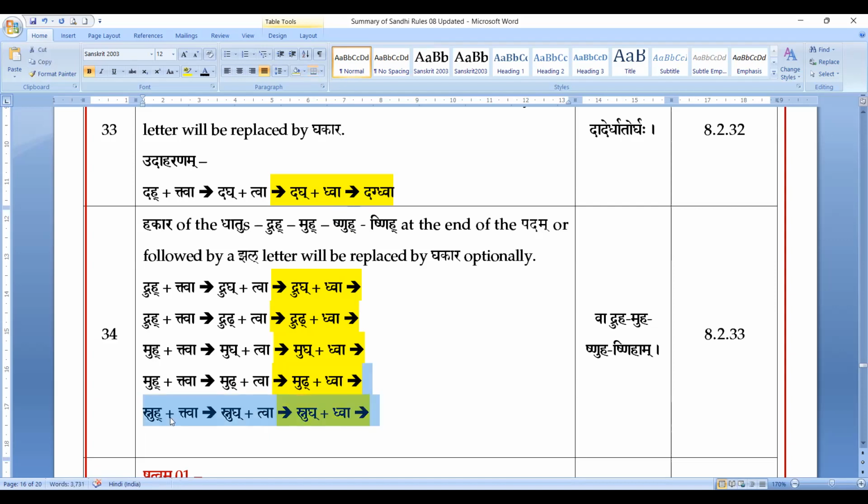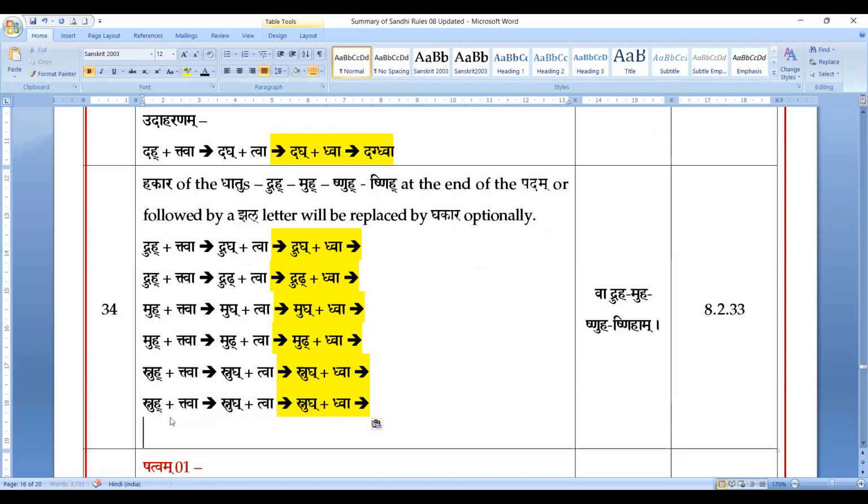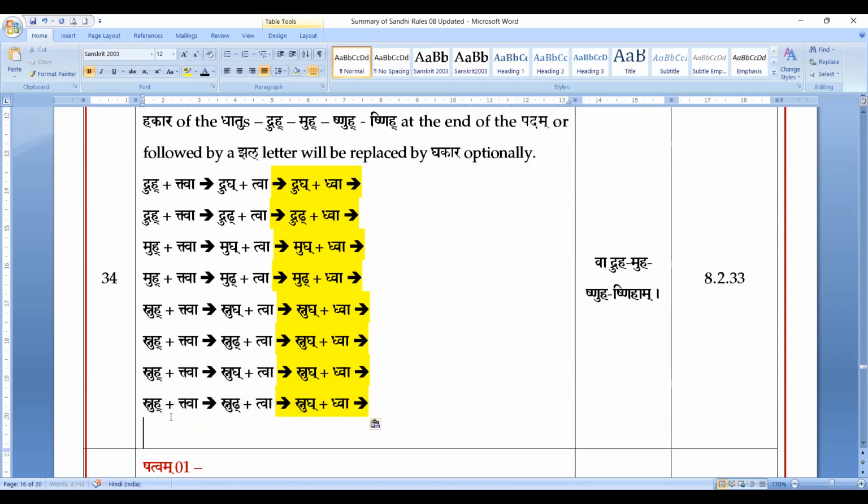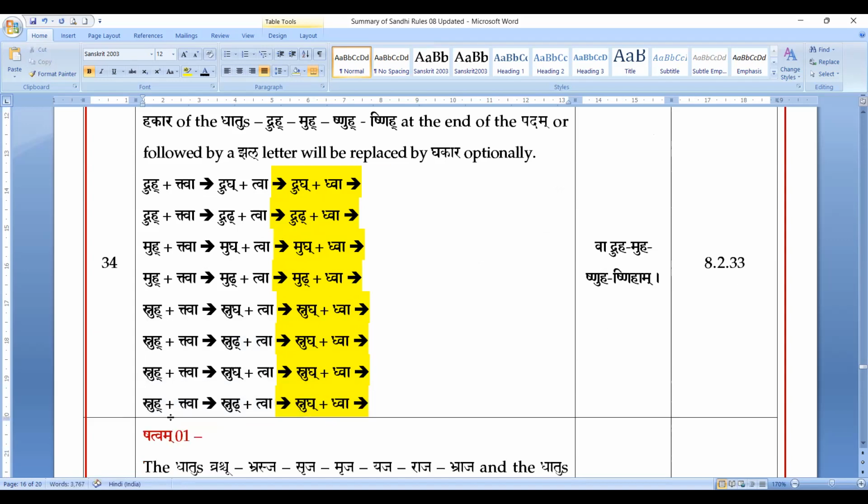This is one form. The other form: you will have snug plus, in the place of it, dakara. You have dakara adesha also. This is for snug. Similarly, for shnig, what is the dhatu? The dhatu is shnig.